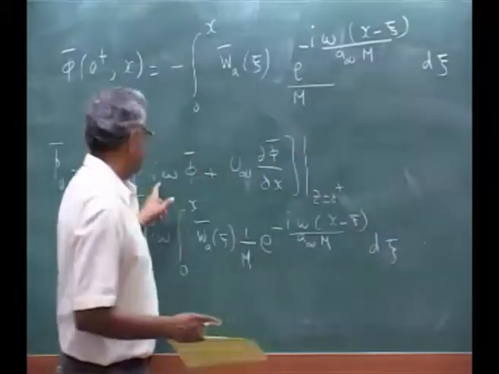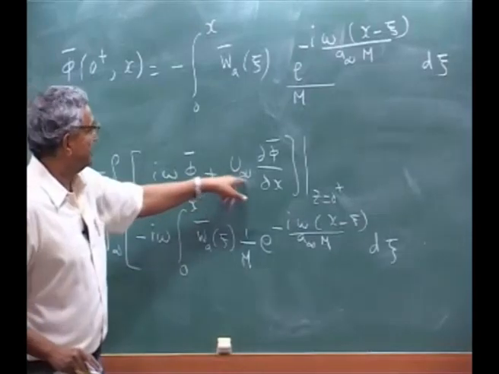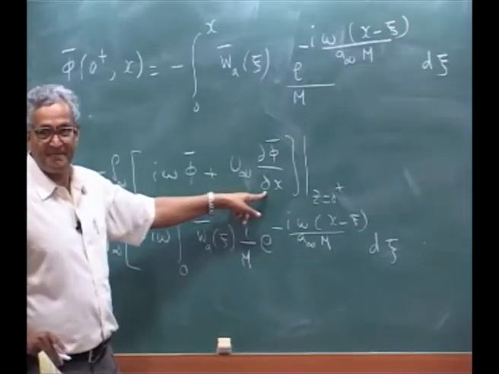This is the first term. Then u infinity delta phi by delta x.